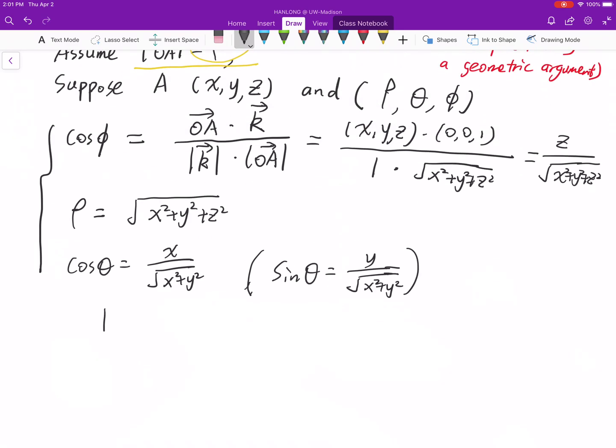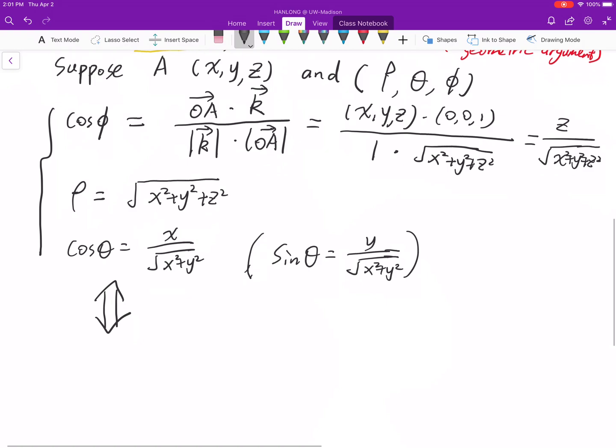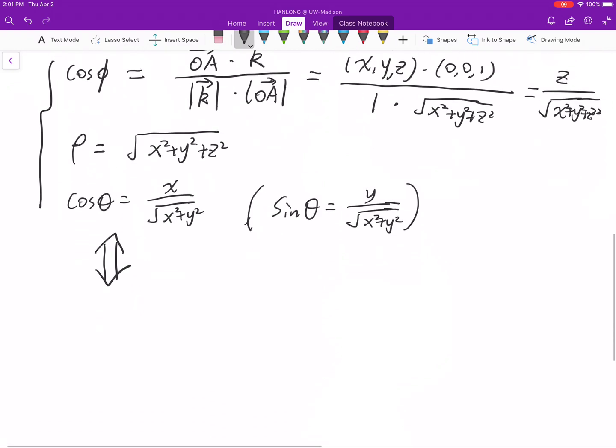Okay, these are the formulas for rho, theta, and phi in terms of x, y, z. And if we resolve them, we can represent x, y, z in terms of rho, theta, phi. So for example, what is z?